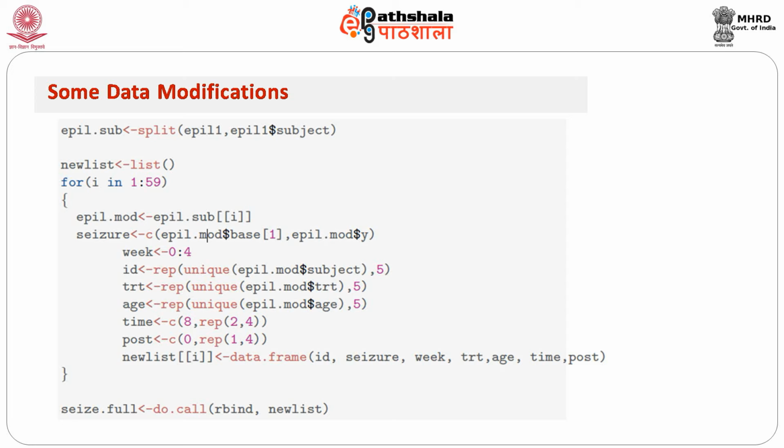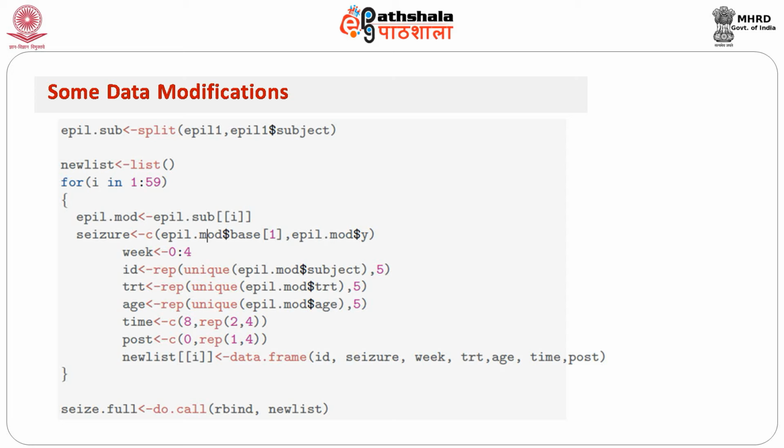Then we are specifying what's the number of seizures, and we are specifying a variable called week, which is 0 to 4. Now, this week does not mean a conventional week. So, we have 5 values 0, 1, 2, 3, 4. 0 stands for the period before administering the experiment, and 1, 2, 3, 4 are the 2 weeks periods after the experiment has been administered.